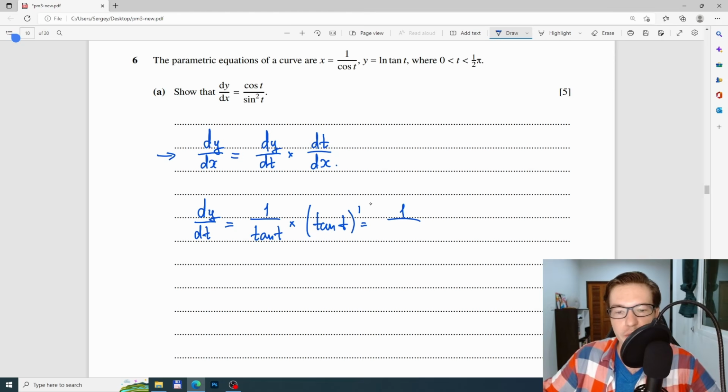That gives us 1 over tangent t times the derivative of a tangent, which is secant squared t. And we get 1 over tangent t, and I will write secant squared t as 1 over cosine squared t. Okay, now it's time to move to dx over dt.